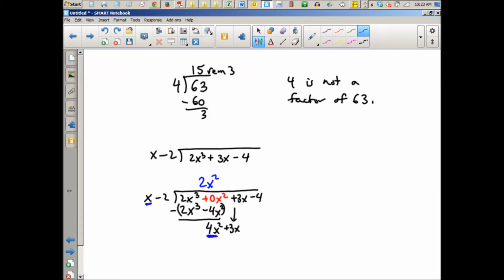What is 4x squared divided by x? So now you're asking, how many times does x go into 4x squared? What is the answer to that question? 4x times, right? So you put that up here, and you multiply like that.